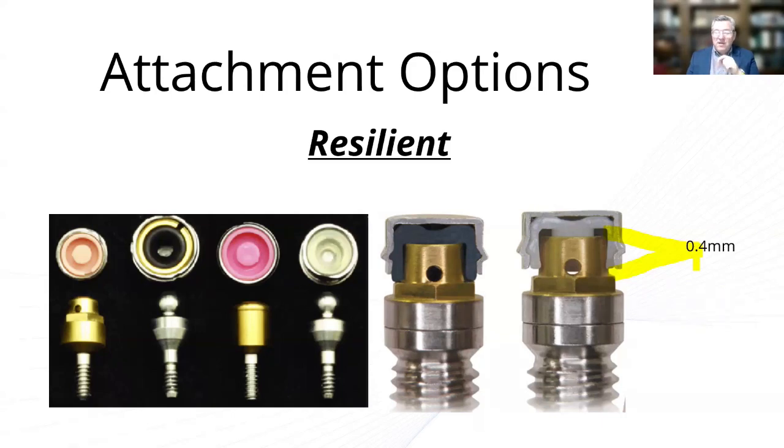It was determined in 1956 that 0.4 millimeters, 4 tenths of a millimeter, of resilient bounce existed in human mucosa. So Sterngold came out and created the ERA, which allowed for an attachment that provided that cushion to allow the denture to rest on the mucosa, yet stay retained.